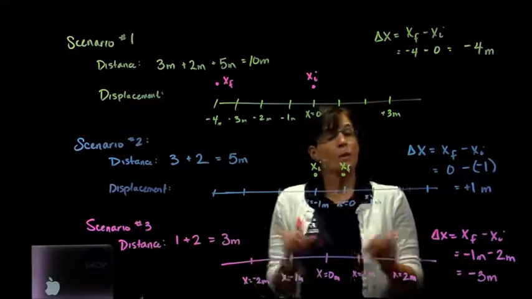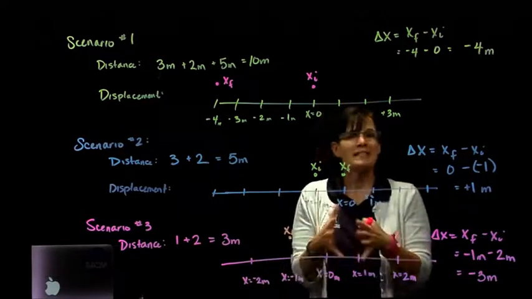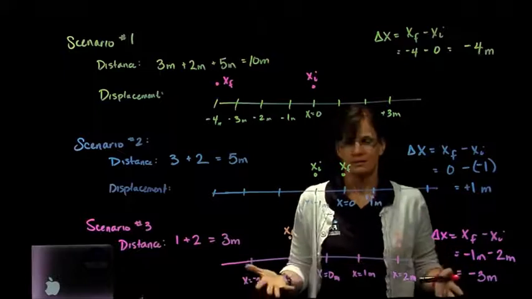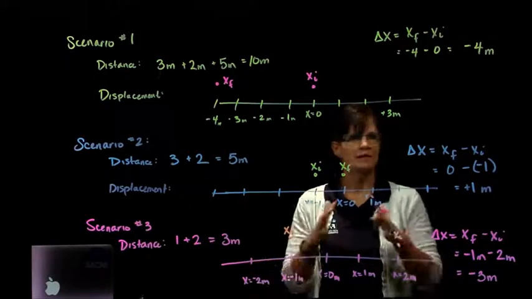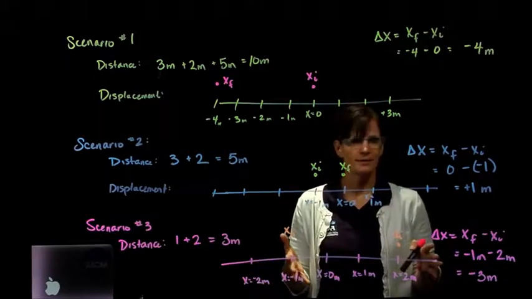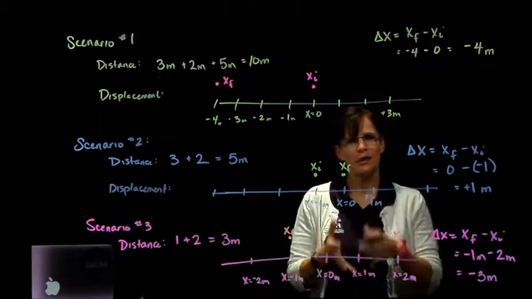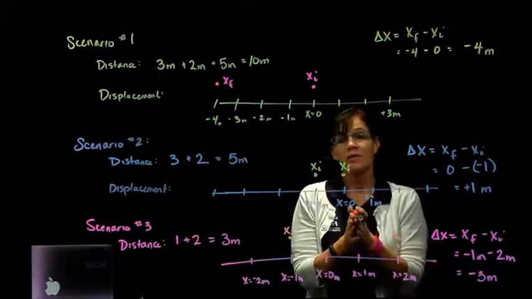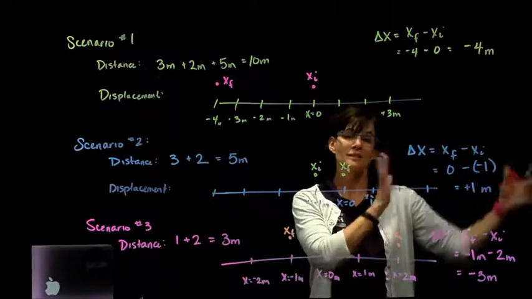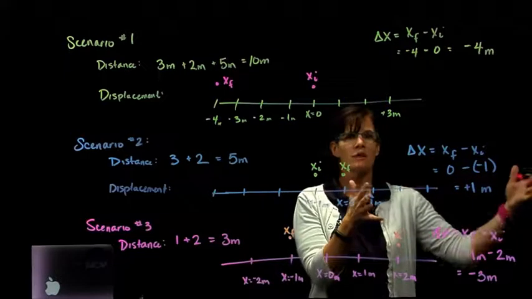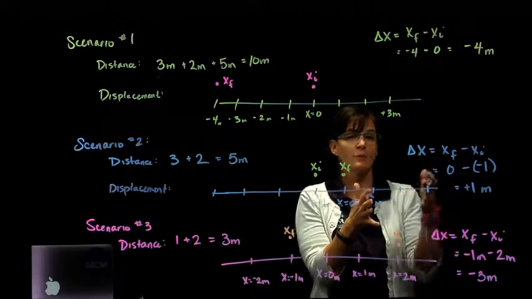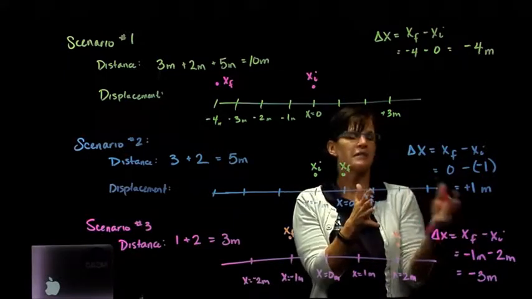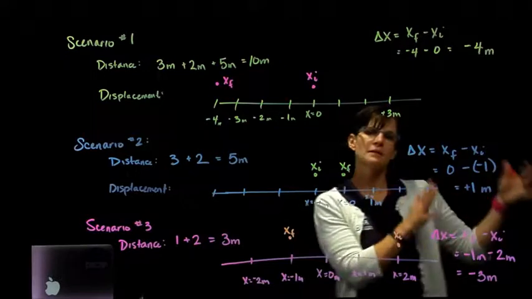So it's really important to realize that displacement does not tell us where we are in the world. It only tells us where we are relative to where we started. So if I am in the positive world at positive 3 meters and I move to positive 2 meters, I have a displacement that's negative, but I'm still in the positive world.